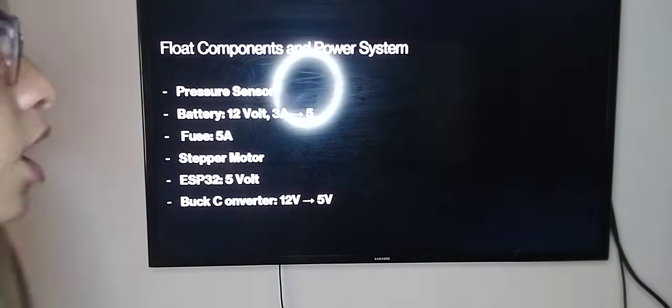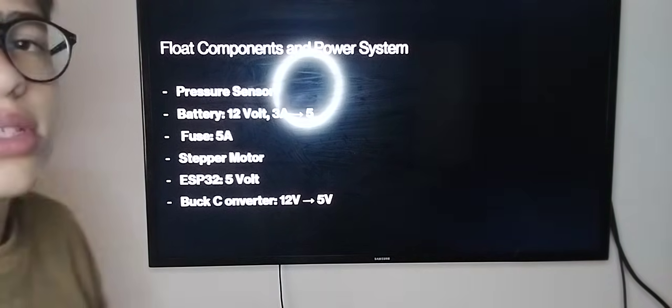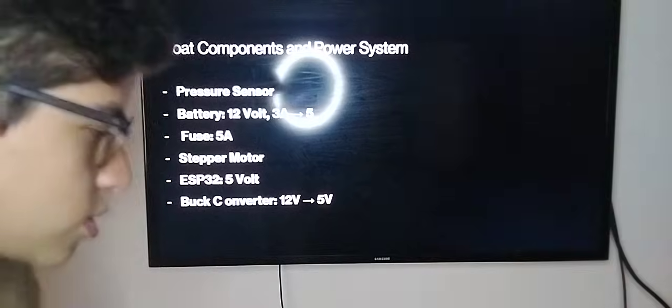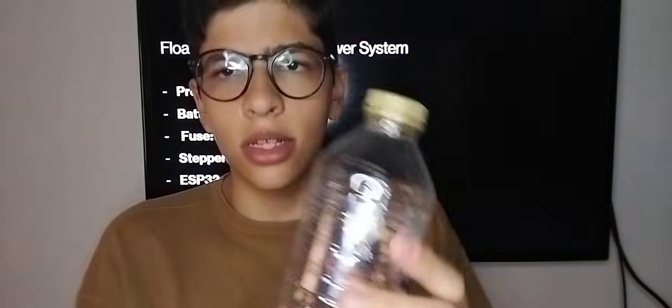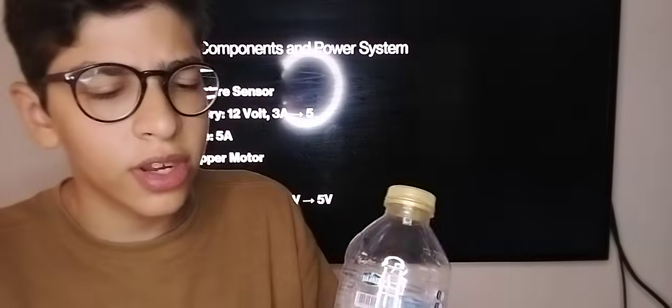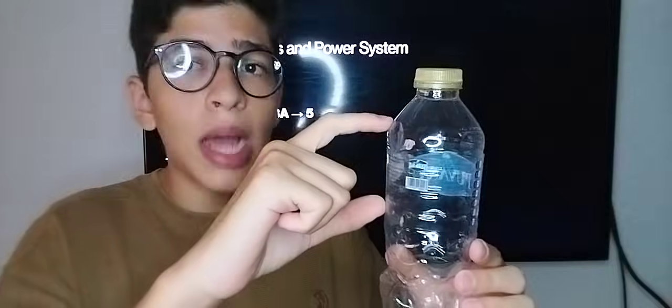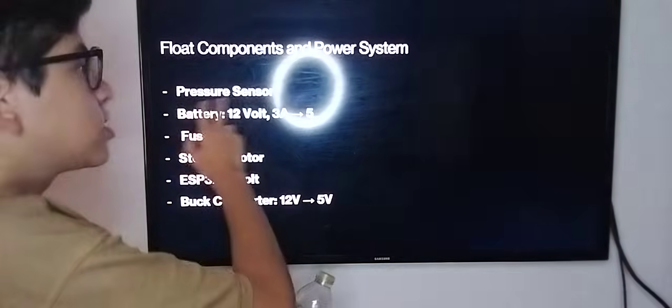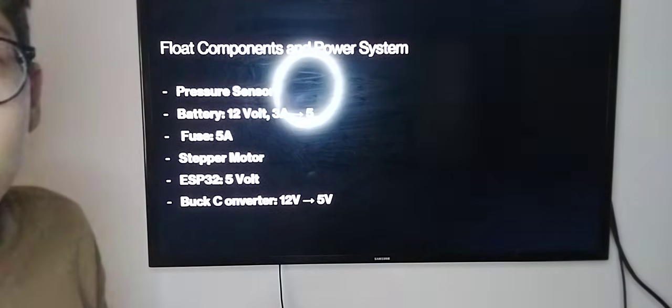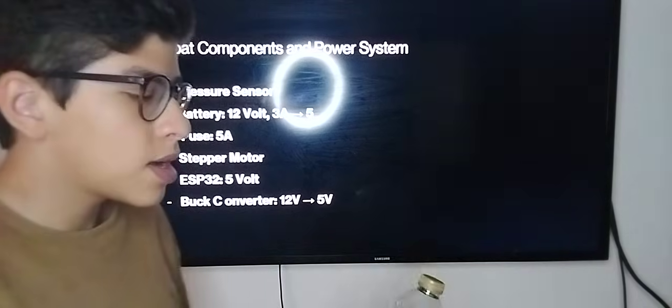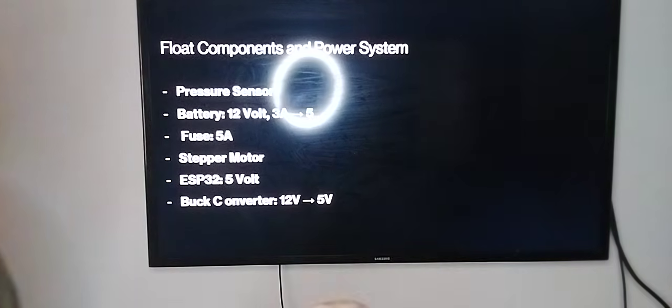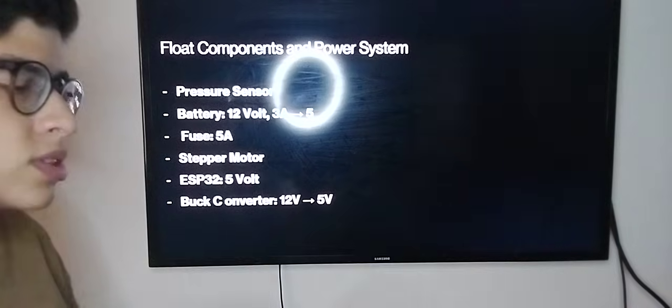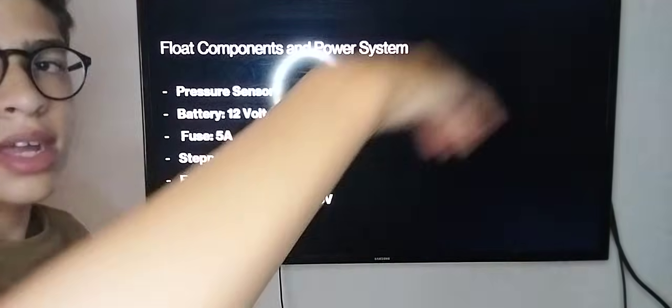Now I will teach you how the float works. For example, this is a water bottle, and for example, this is a float. In the float there is a pressure sensor that measures the centimeters between the float and the ground, or the float and the surface.